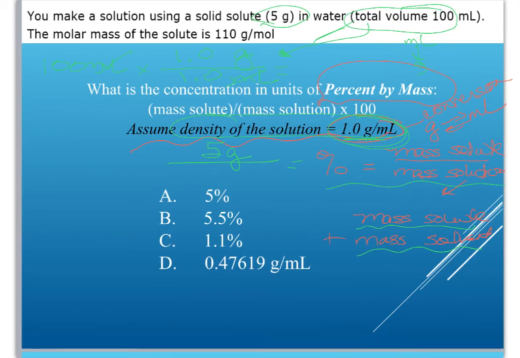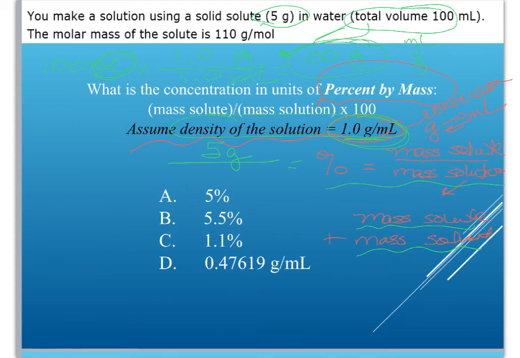Basically, anytime the density is exactly equal to 1, you can simply change the units from milliliters to grams without changing the quantity. Pure water, by the way, has a density of 1. So any kind of dilute solution that's made from water will have a density really close to 1. Most of the time you can actually assume that the density is exactly 1.